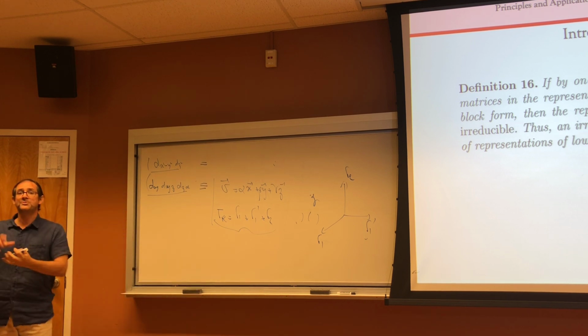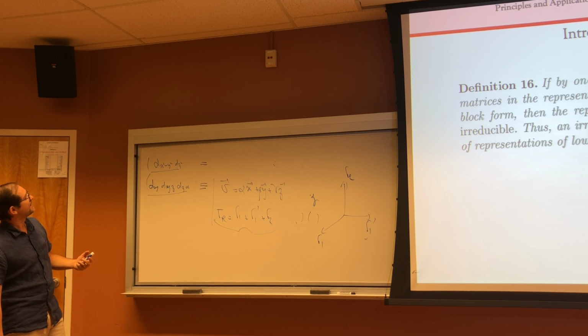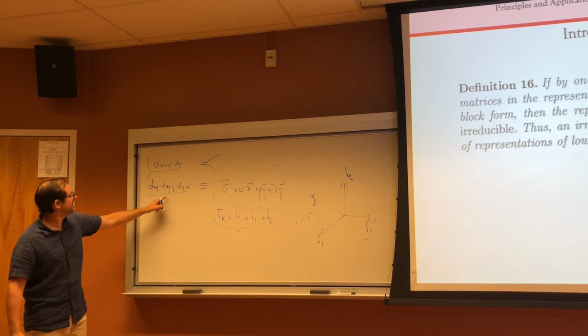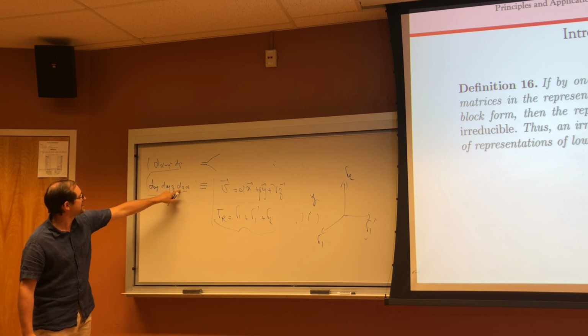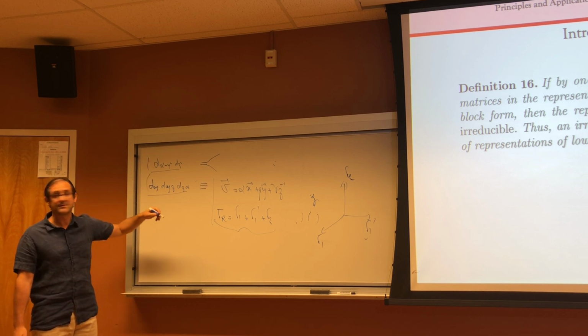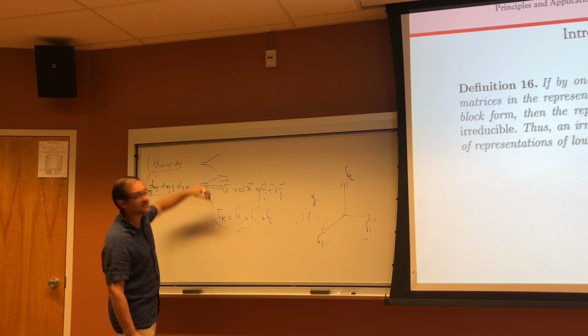Now you distort your cubic crystal, and I don't remember, so I have to think. Those guys will be lifted, right? And here, those guys will remain degenerate, and this guy will be lifted. You can just tell by looking at the symmetry of the system. So you end up with those guys this way, and this guy will be lifted.